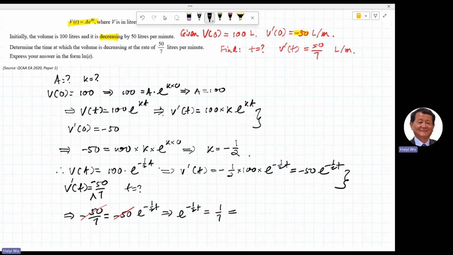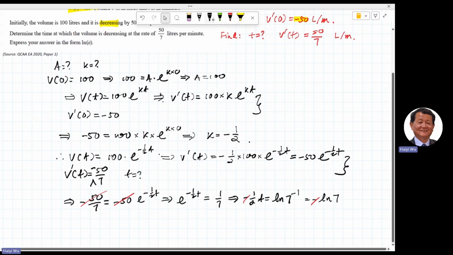Now we're going to take the log. So negative half t equals log of 1 over 7, which is 7 to the power of negative 1. I'm going to move that out to the front, so the negative cancels out.